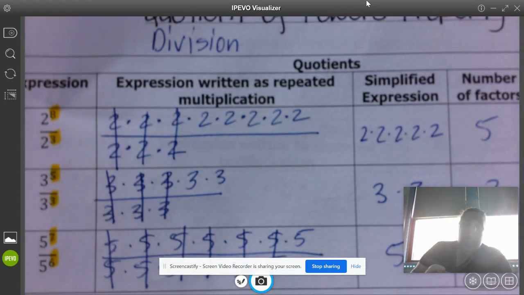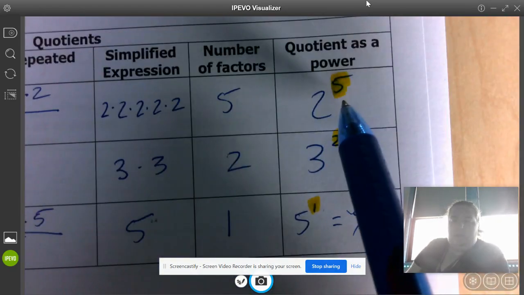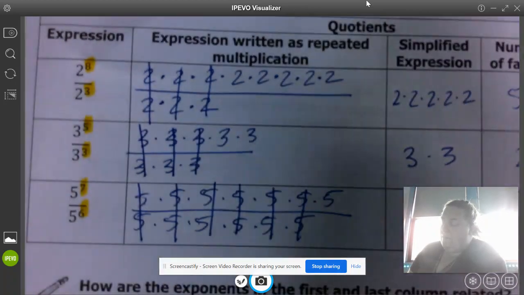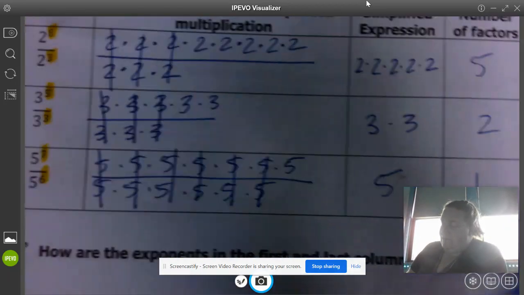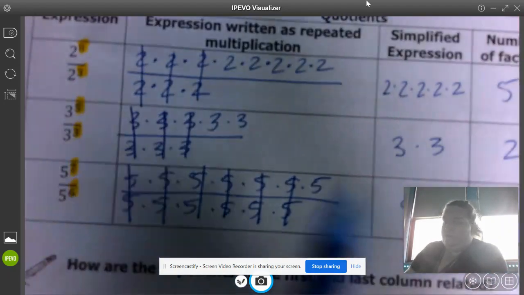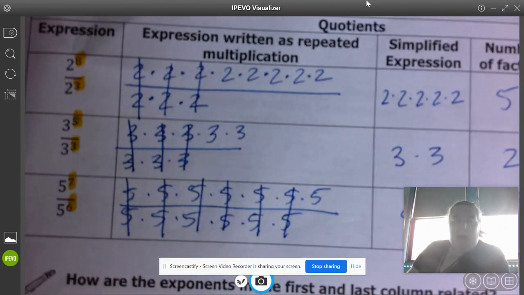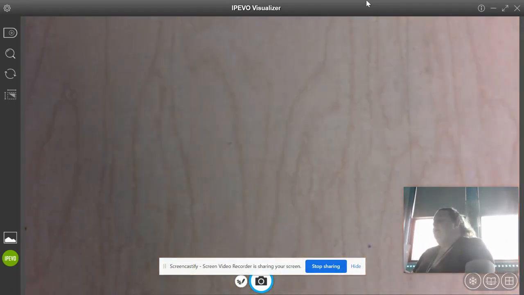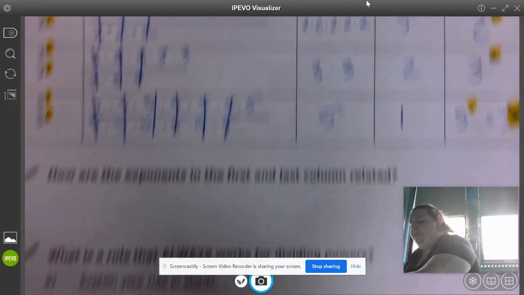Basically, what can I do to get from 8 and 3 to 5? What can I do quicker than expanding it out to get from 5 and 3 to 2? What can I do to get from 7 and 6 to 1 versus showing all of this work? This is always great to fall back on. It's a great visual, but once again, we're looking for a pattern to make it a little bit easier and to help us with more complex problems.